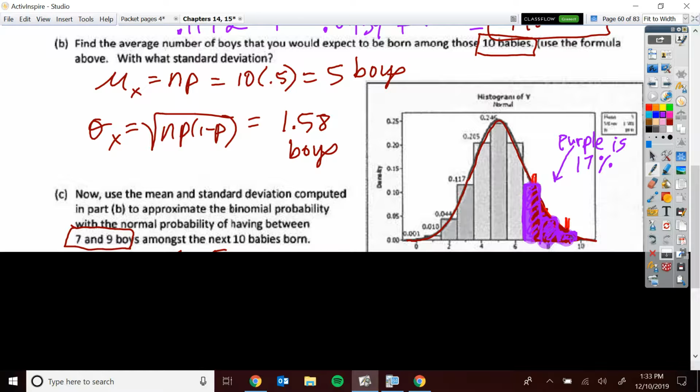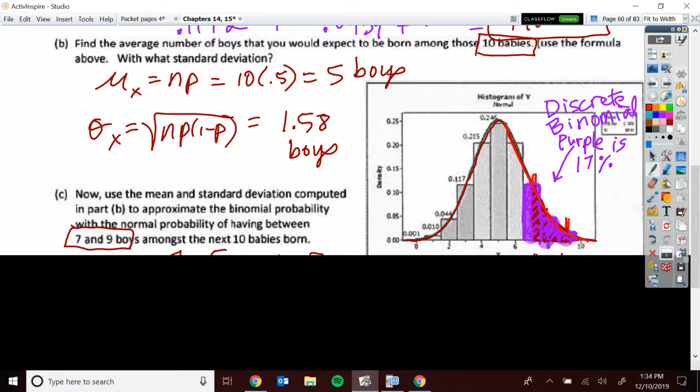And so that purple is the discrete, the binomial, okay? And so that was 17%. But look what I have done with my normal model. I have put it on top of it in an attempt to say, hey, I wonder if we could estimate this with the normal model. So let's see.